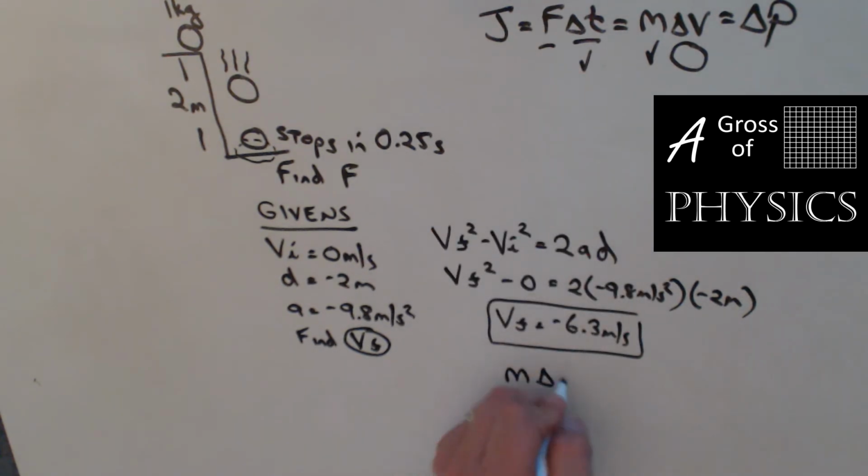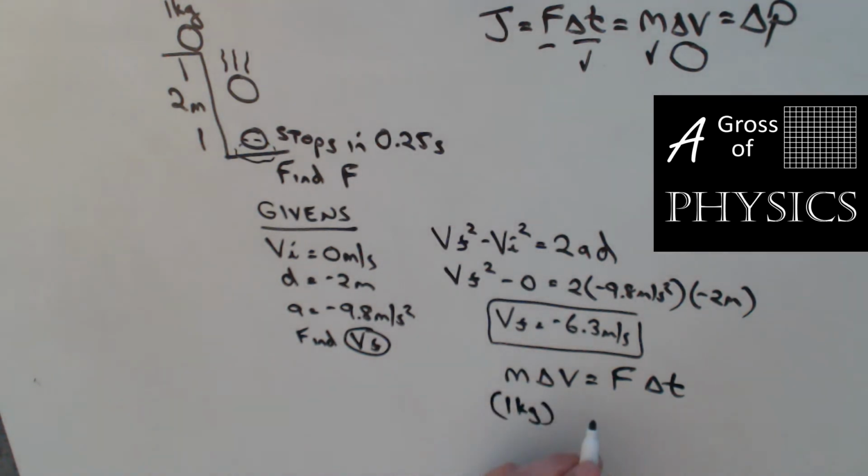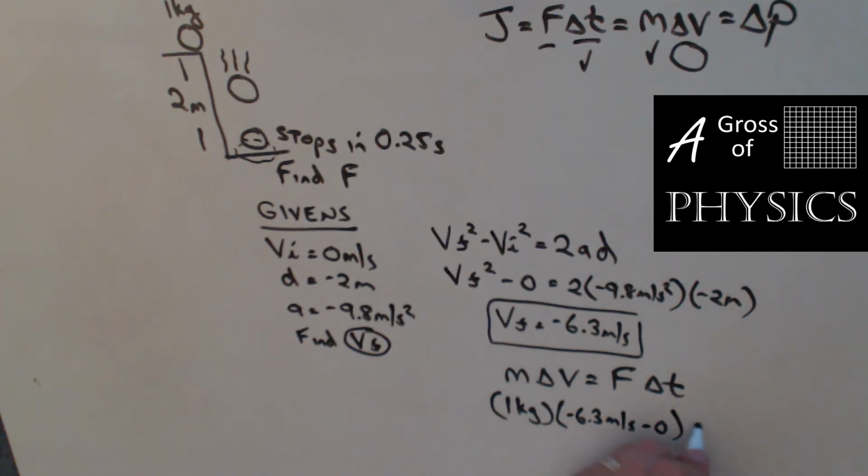Now that being said, if we want to find the force here, I'm going to look at m delta v equals F delta t. M was 1 kilogram. That was in the problem that I didn't read at first. Change in velocity, that's Vf, -6.3 meters per second, minus 0, Vi was 0, equals F times 0.25 seconds.